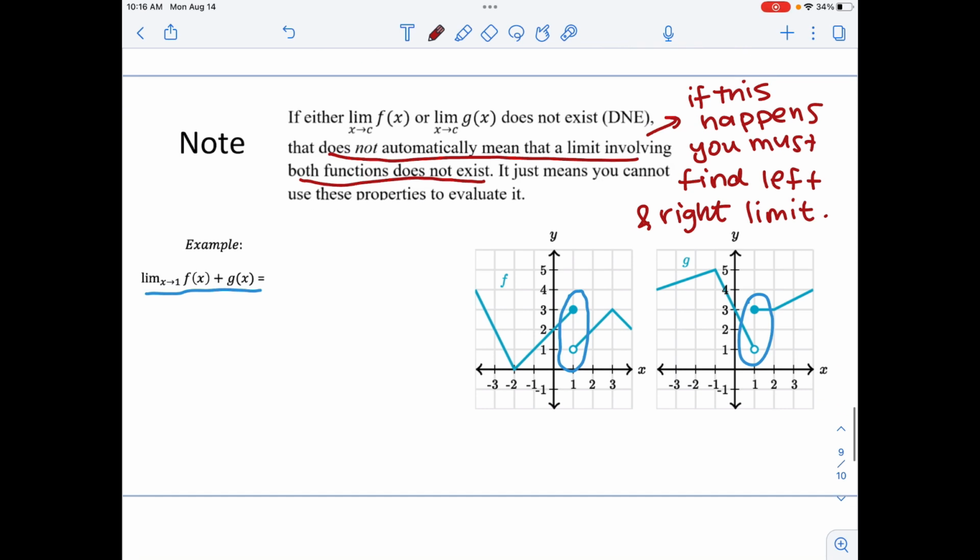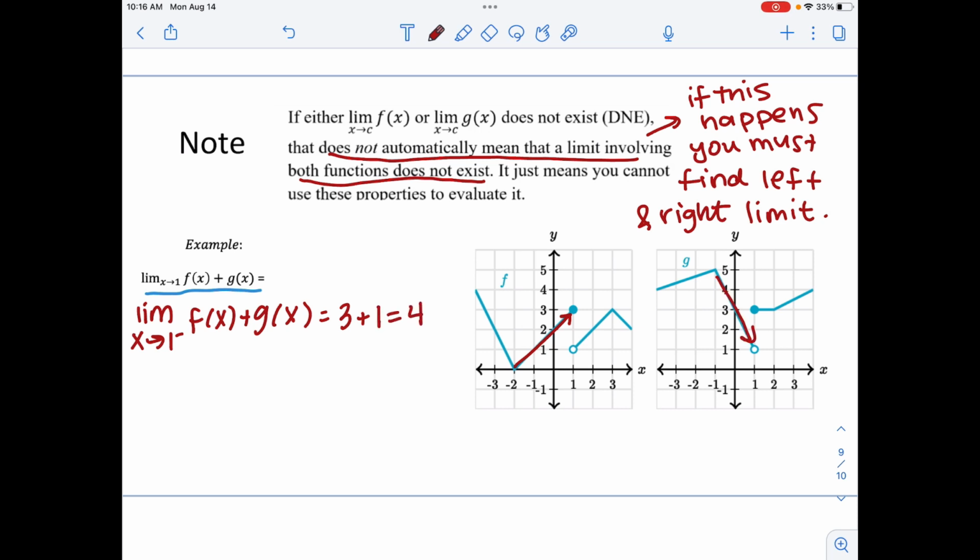So I'm going to start by finding the left-hand limit of these two things. If I go to f of x and I approach 1 from the left, it goes to 3. If I go to g and approach from the left, it goes to 1.